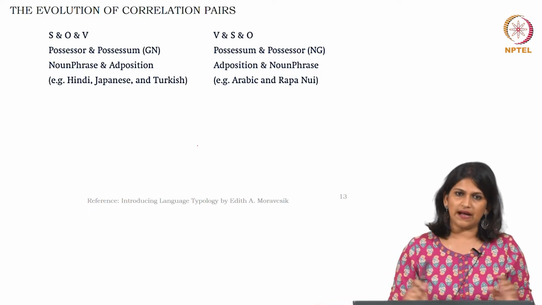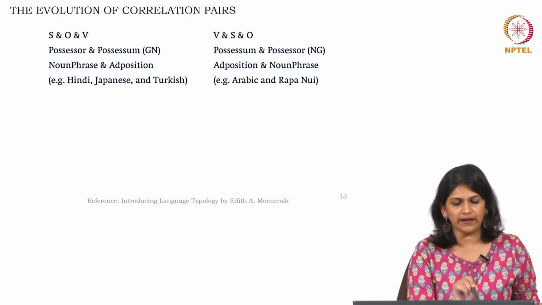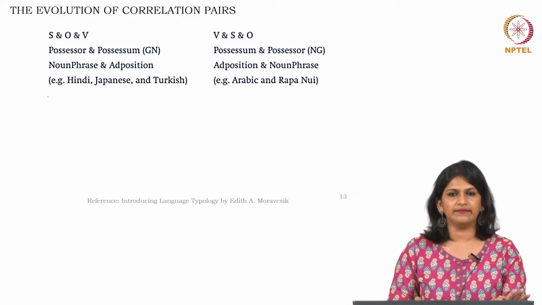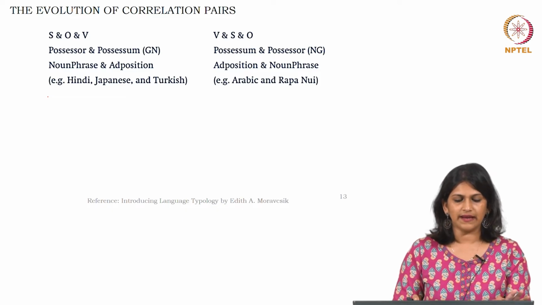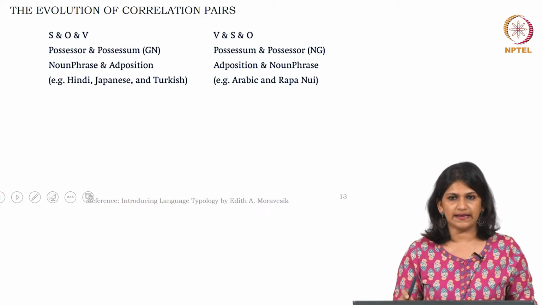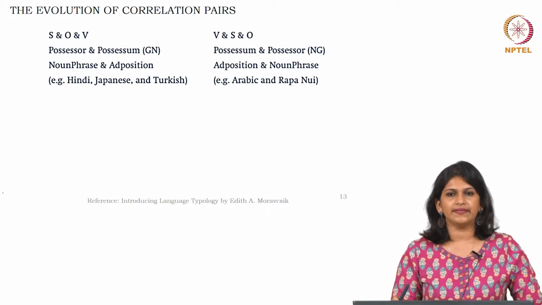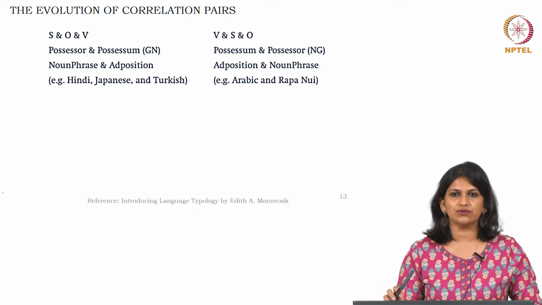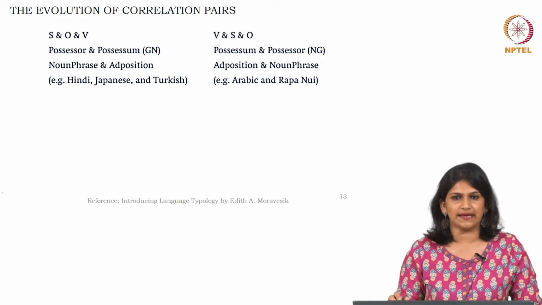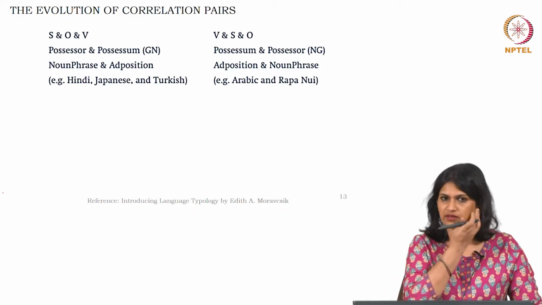So, now if you remember, when you are talking about S, O and V, look at the table that we have here. One side we have the S, O and V pattern, the other side we have the V, S and O pattern. So, the concern here is that these two language types would have a certain way of expression of phrases.